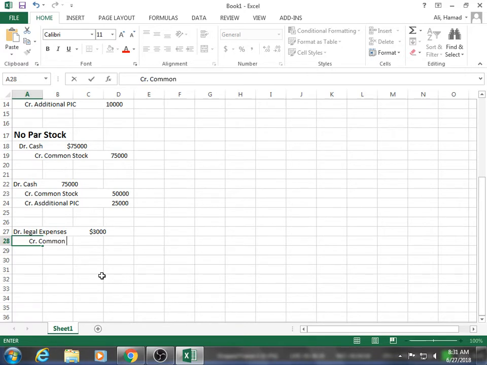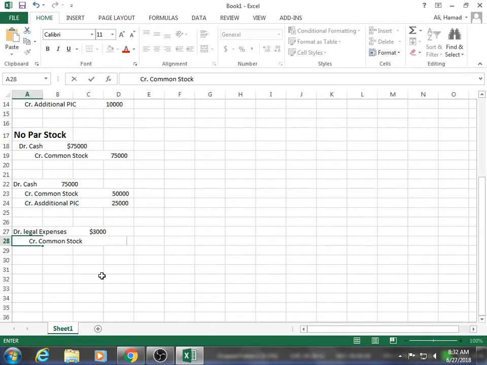Common stock for how much? 3,000. How many shares? 200 shares at the par value of $10. Wait a minute, 200 shares times $10. That's 2,000.